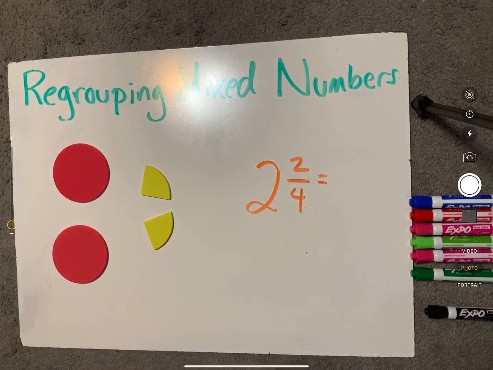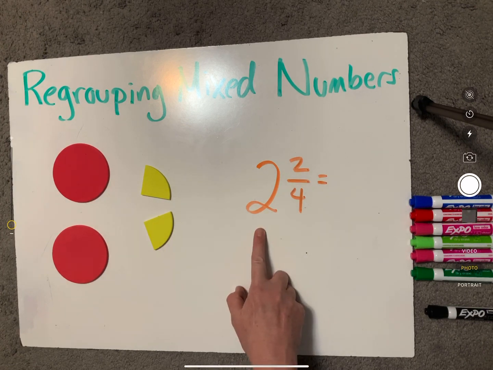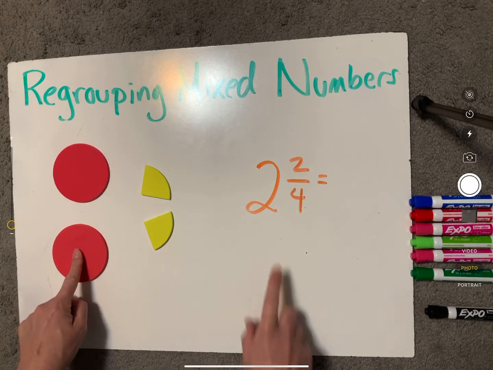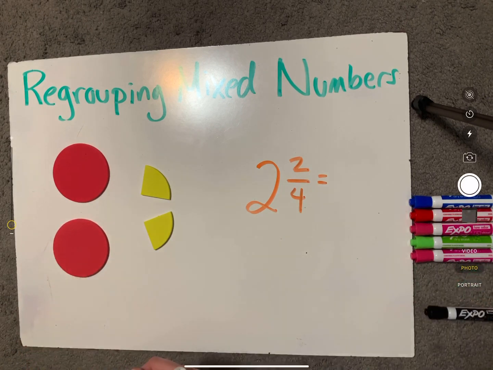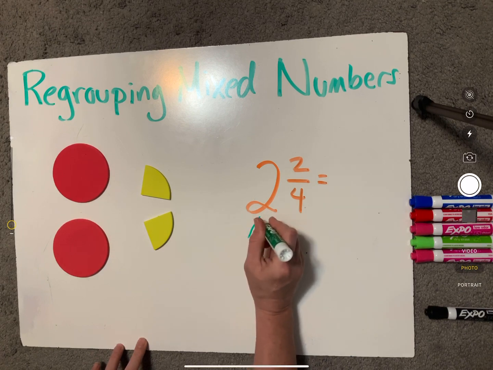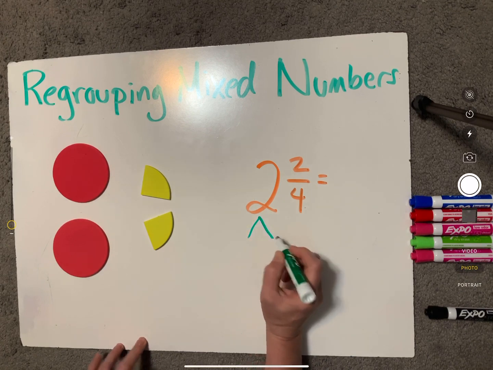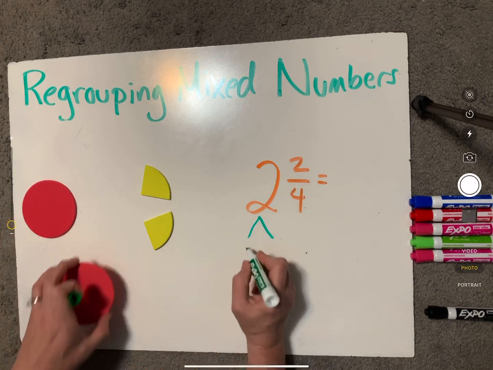2 and 2/4. Now, the reason we're doing this is that when we are subtracting and we need to regroup, we have to understand how we're going to break this down so that it will actually be able to work in a similar way to what we did with our whole numbers. So what we're going to do is take one of the wholes. So we're going to take this whole and break it up. So this 2 is going to now be one of the wholes.